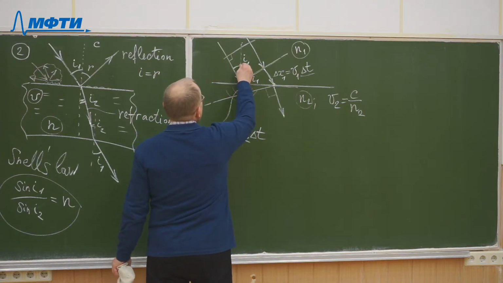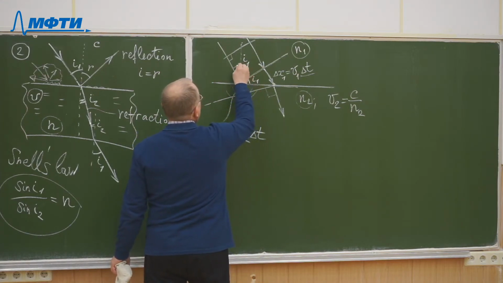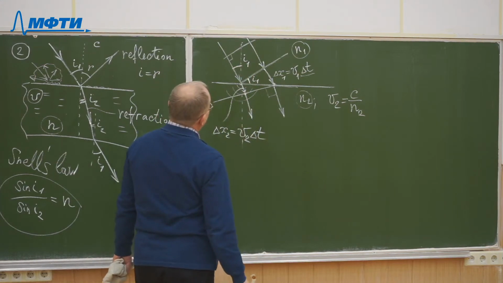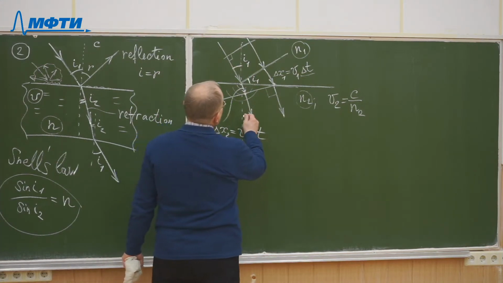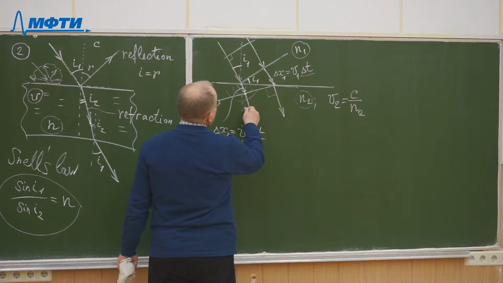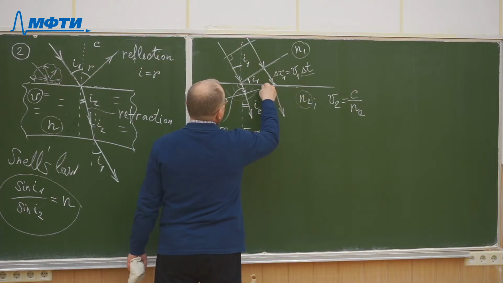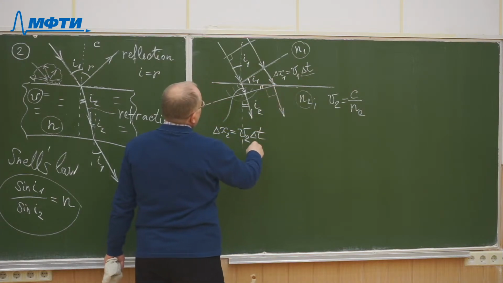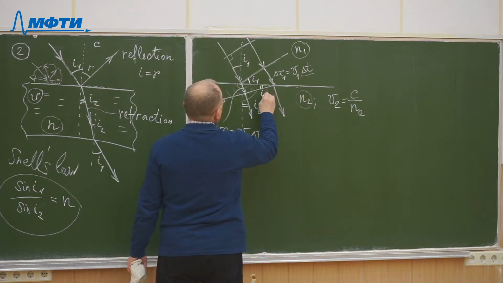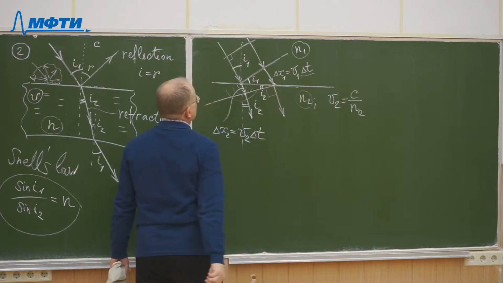And so these two angles are equal to I1. Also this angle here, the angle of refraction I2, will be equal to this angle. This is also I2, this one.